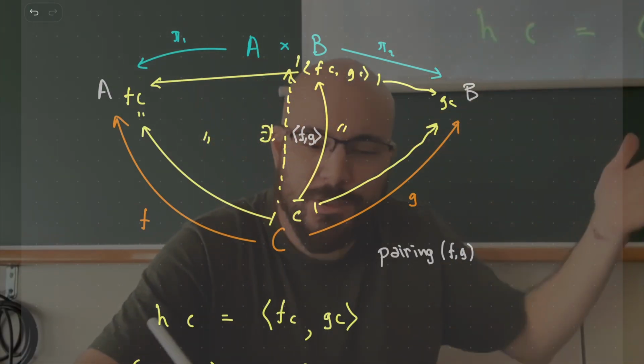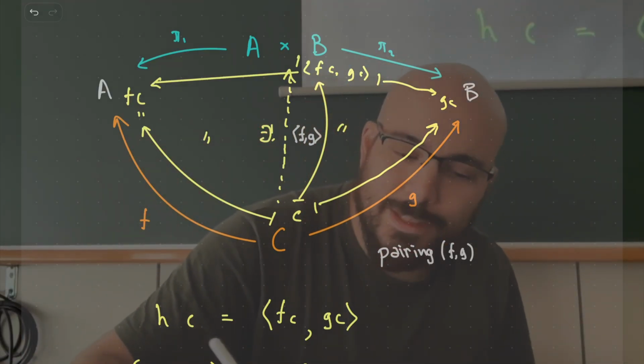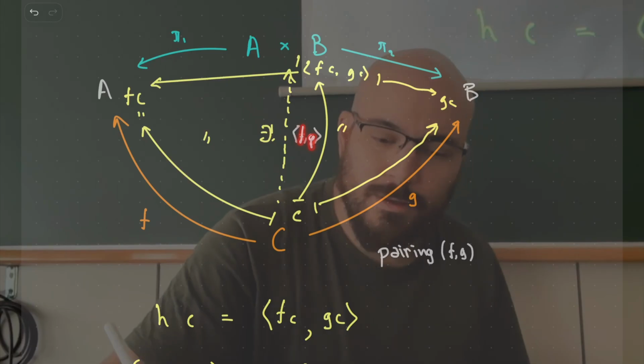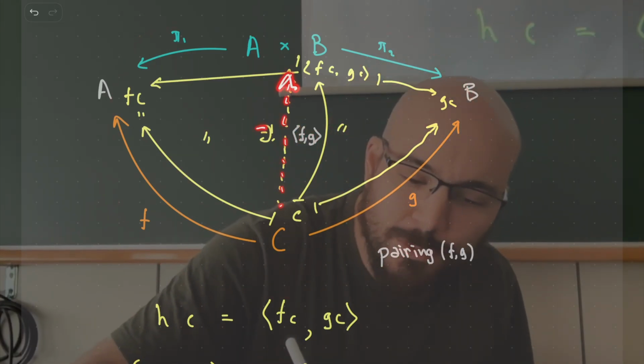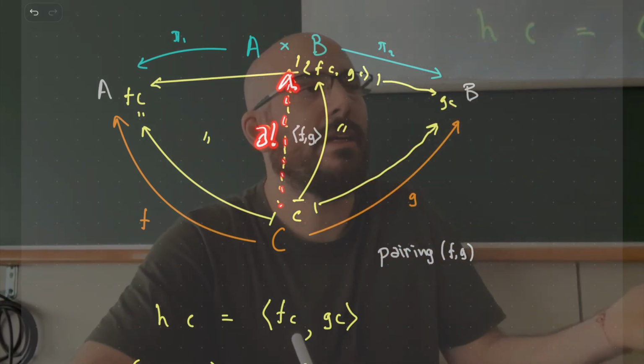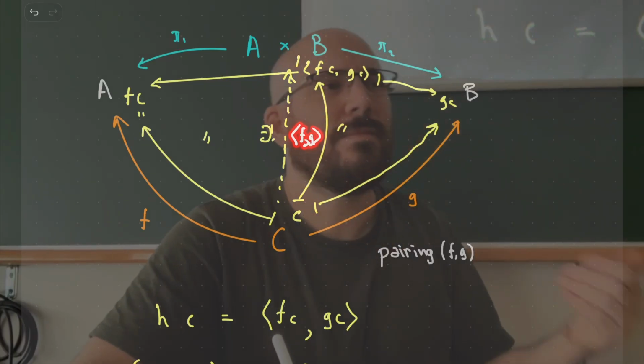Because it's essentially unique. It's actually unique, and it depends only on the arguments that I have here. So if you have any configuration like that, the diagram guarantees that there is a unique thing like that, so I get to give it a name. And I will call it angle brackets FG angle brackets.